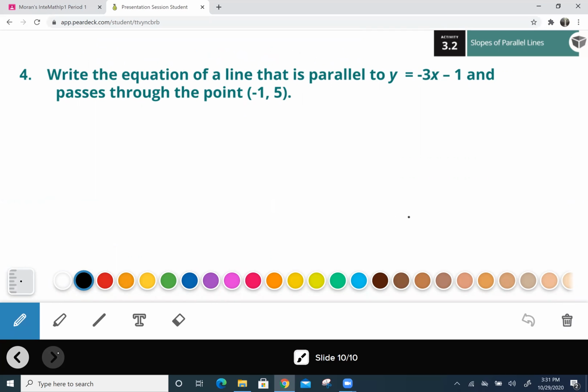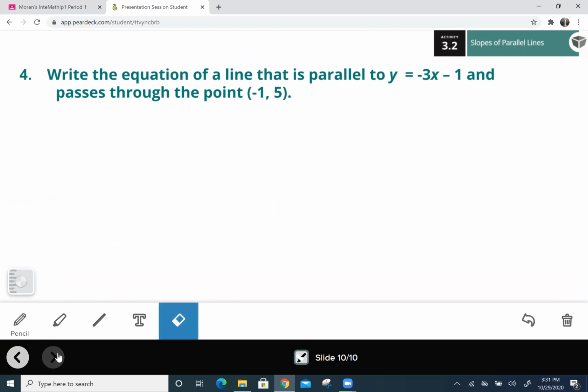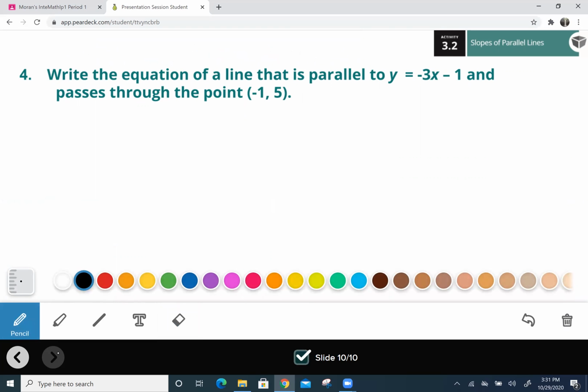Okay, so the first one is we're going to write the equation of a line that is parallel to y equals negative 3x minus 1. This is actually easier than what we did on the warm-up, because on this one, you don't have to do any computations to find the slope. You just have to realize which number is our slope, because they are giving us the slope.